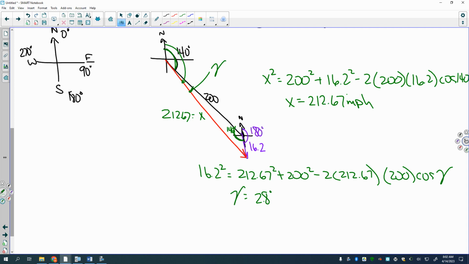So that means that my final answer here is it's 212.67 miles per hour at not 2.8 degrees, but 2.8 plus the 140. So 142.8 degrees southeast.